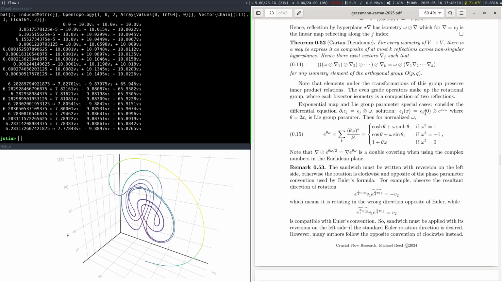This is a common special case when you consider the differential equation with its solution with the exponential map, and you have this Lie group parameter that you can think of as being 2x. Then you have this hyperbolic cosine and hyperbolic sine, or the cosine and the sine in the 1 plus theta omega. These are some of the special cases for the exponential series.